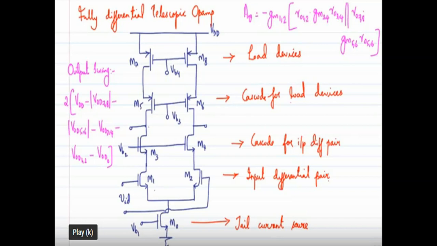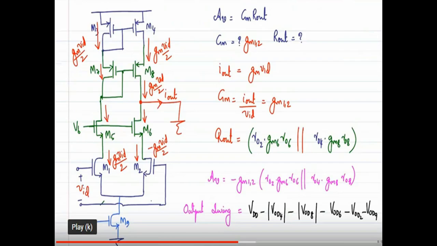Okay, so that is the total output resistance. In the case of single-ended, the output resistance is RO2. We consider only one side, that is only the right side. So we consider RO2, gm6 RO6 parallel RO4, gm8 RO8.